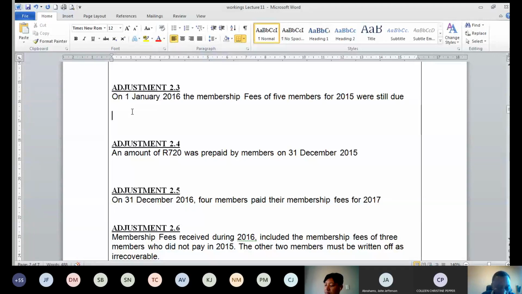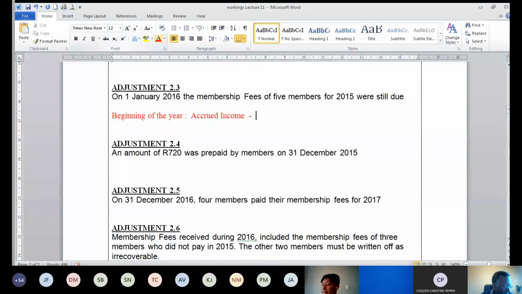2.3. 2.3 tells you that on the 1st of January 2016, the membership fees of 5 members were still due. This is now at the beginning of the financial year. And at the beginning of the year, we have seen that 5 members didn't pay their 2015 membership fee. So at the start of the financial year, this will be our accrued income. Members that still owed us the money from the previous financial year.